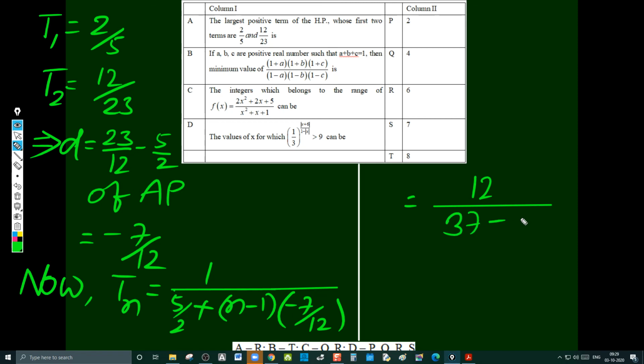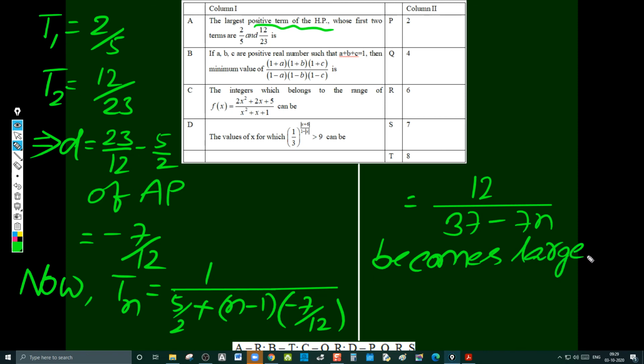Now, what is the question here? The largest positive term becomes the largest. Find the AP's smallest positive term. So 37 minus 7n is greater than 0. It's common sense.